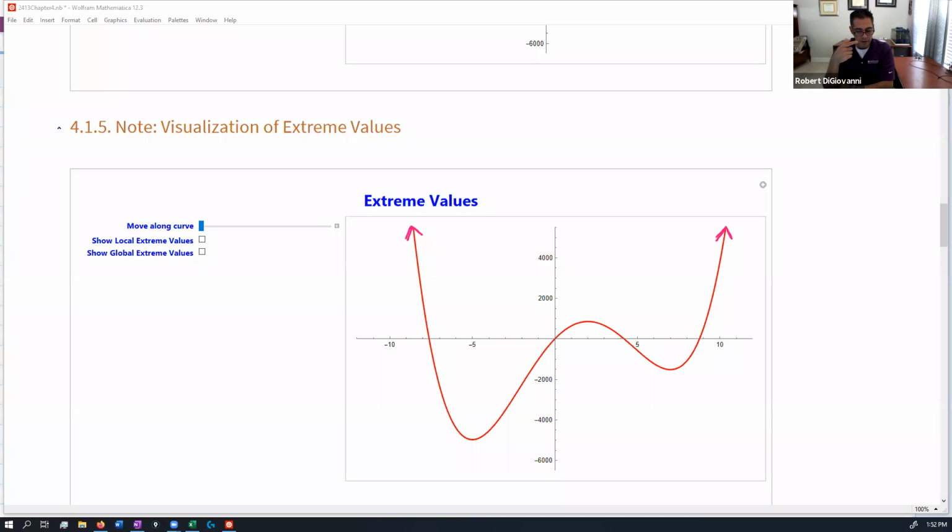So think about it. Think about locals first. How many local maximums do you have? How many local minimums do you have, right? And then think about global. Where's your global max? Do you have a global max? Where's your global min? Do you have a global min?